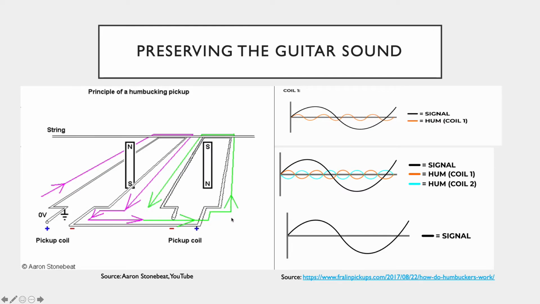Okay, so what's amazing about this is that we can fix this issue of also canceling out the guitar signal by simply switching the polarities of the magnets in the second pickup. Just think about that for a little bit. Because guess what's going to happen? The direction of the current will switch to match the flow, right?